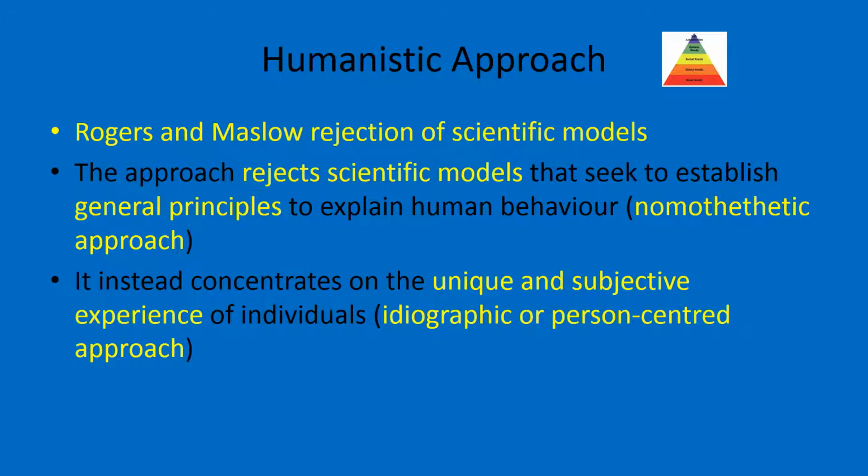It doesn't really do anything to add to the body of psychological knowledge just to say that everyone is a unique individual. It doesn't necessarily mean it's wrong, but it's certainly a limitation of the approach. So just something, again, worthwhile remembering when it comes to evaluating this area.